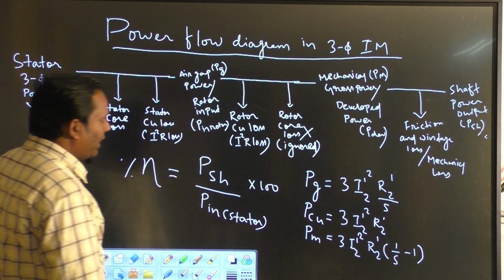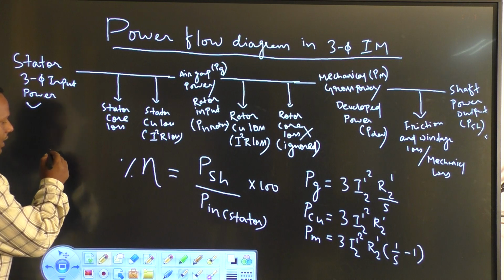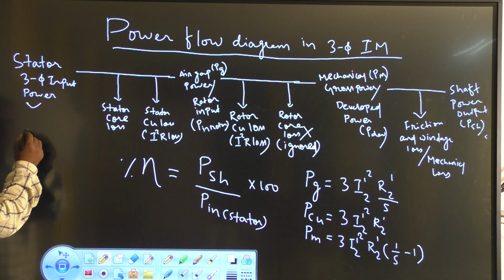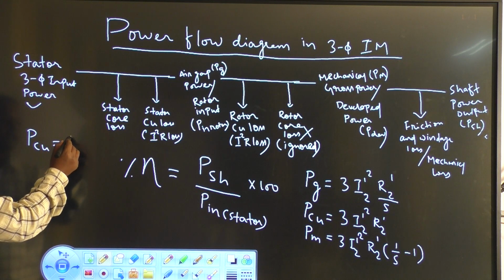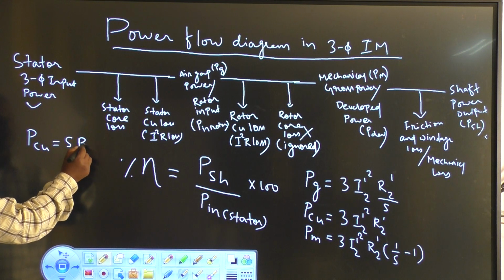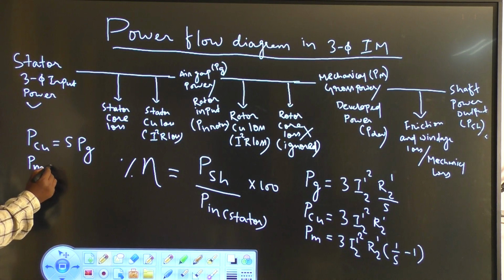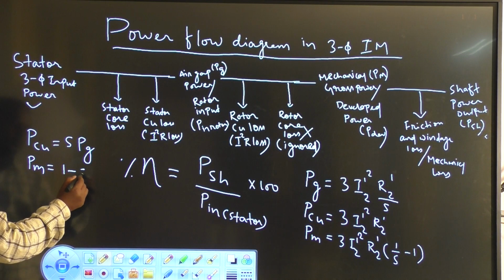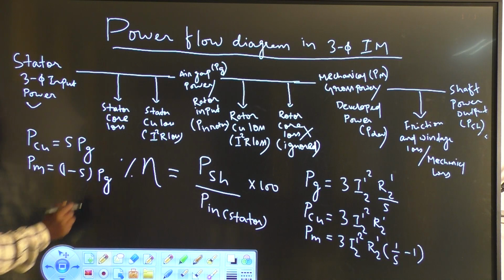From these formulas, we can directly check that the rotor copper loss equals S into air gap power or rotor input, and the mechanical power or developed power equals 1 minus S into PG, that is, 1 minus S into air gap power or rotor input.